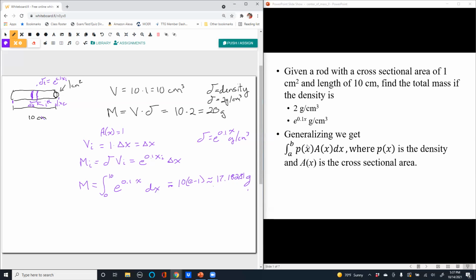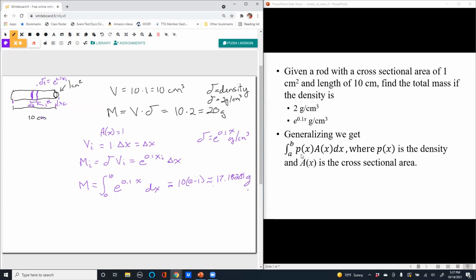And rho of X is the density. So that's that multiplicative structure that I'm talking about. The density times cross-sectional area times one of the dimensions. So this is basically giving us a volume, A of X dx, and then we're multiplying it by density to get a mass.